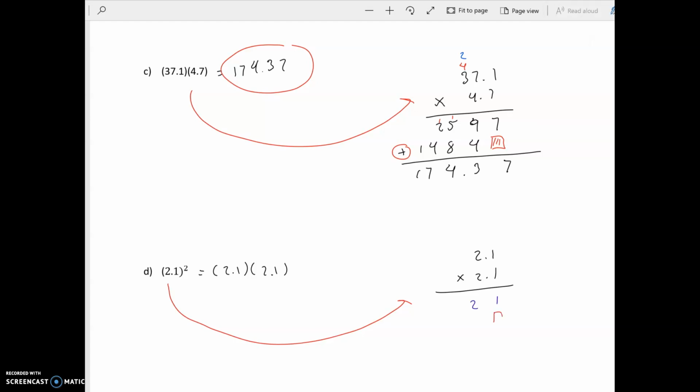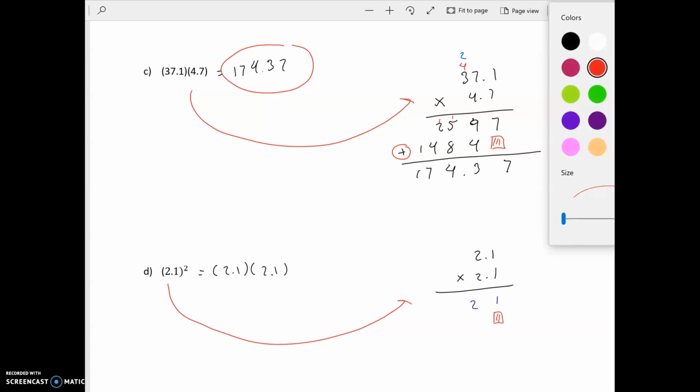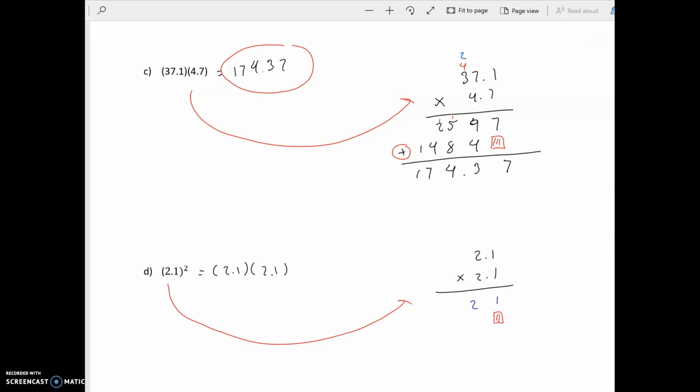And don't forget about the place value. So the next operation, we're going to end up with 2 times 1 is equal to 2, and 2 times 2 is equal to 4. So I'm getting 1, a 4, and a 4 with 2 decimal places because the original values contain one each. So our final answer for this one is going to be 4.41.